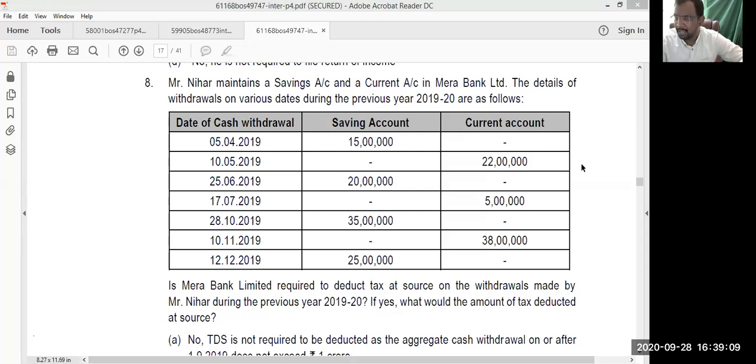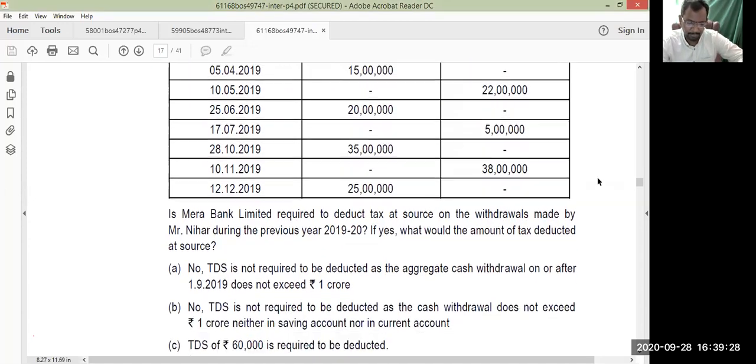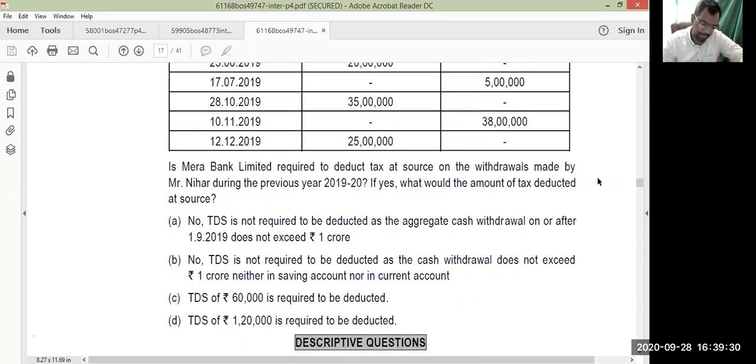And even that excess withdrawals were made after 1/9/2019. So the excess withdrawal in excess of 1 crore is 60 lakhs. 60 lakhs into 2%, you will get 1,20,000 as an answer. You can see the answer D. TDS of rupees 1,20,000 is required to be deducted.